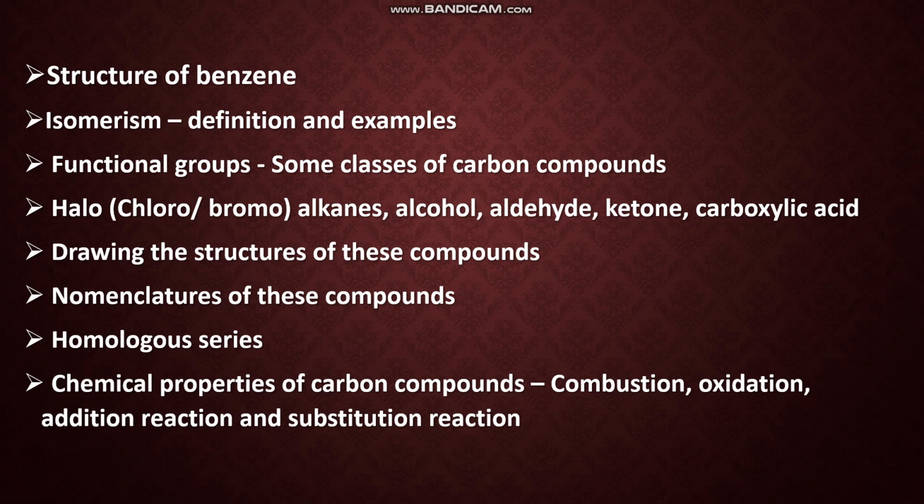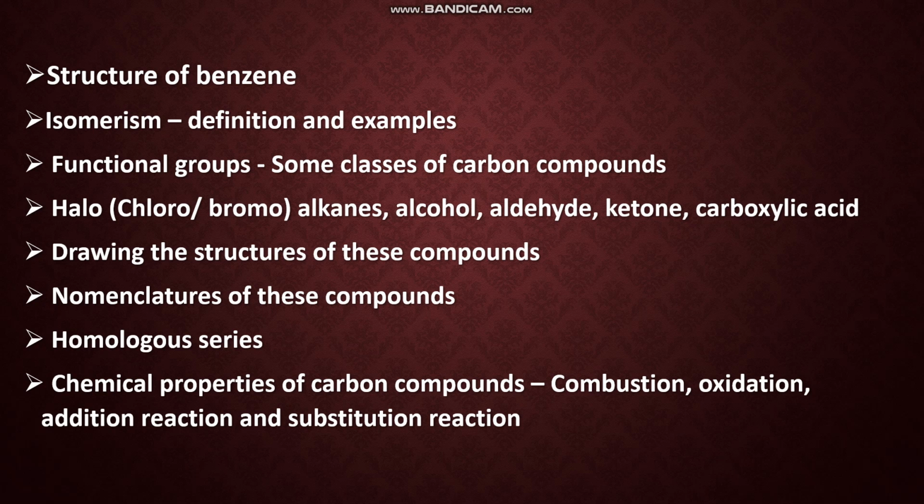Then we learned functional groups. Along with that, some classes of carbon compounds we have learned. The classes are haloalkanes, that means chloro or bromoalkanes with the functional group Cl or Br. Alcohol, another class of organic compound, has the functional group OH.